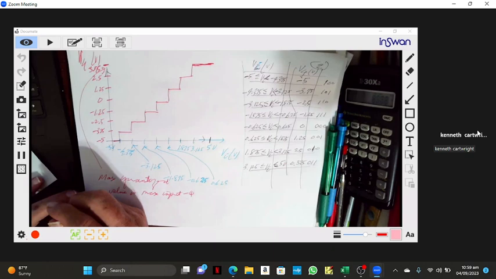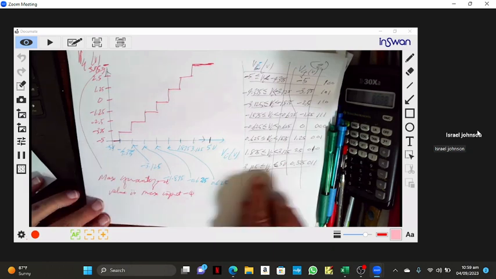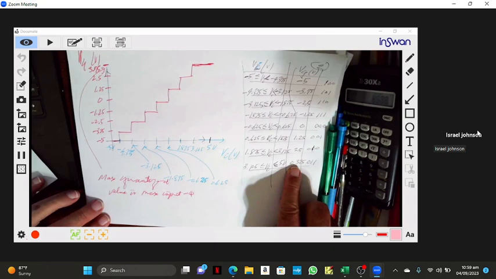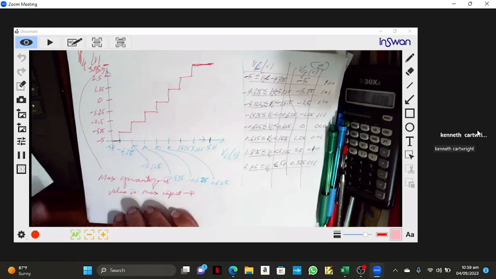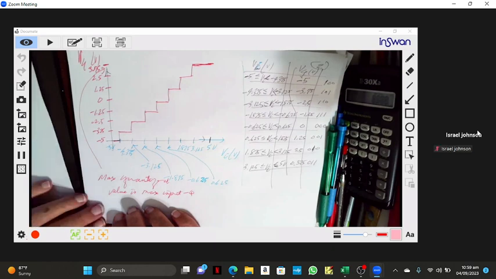Okay. What's your question? I see a 0.375. I thought that was supposed to be 3.75. Actually, you're right. And the column before that. Oh, no, the column before is 2.5. Yes. Thank you.